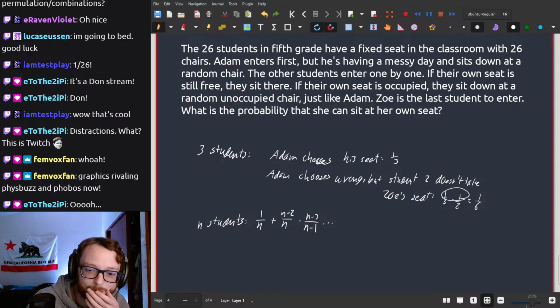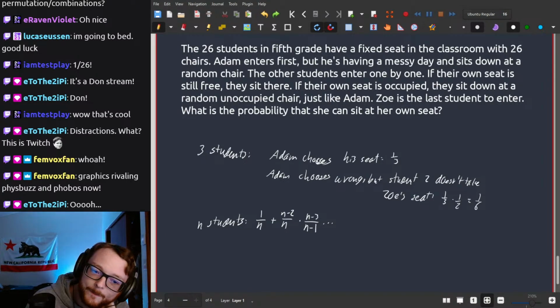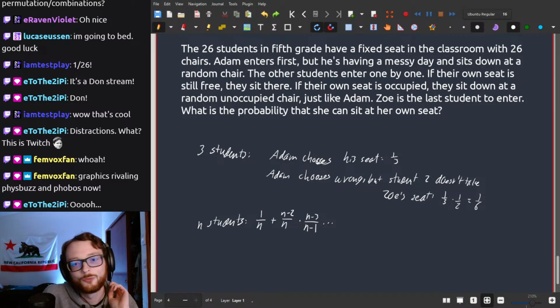But why are these two coefficients, or why are these two numerators the same? I don't know. I'm getting stuck on trying to do this for an arbitrary number of students.